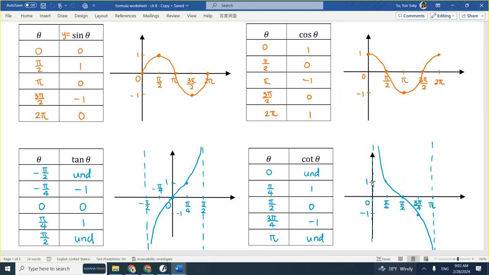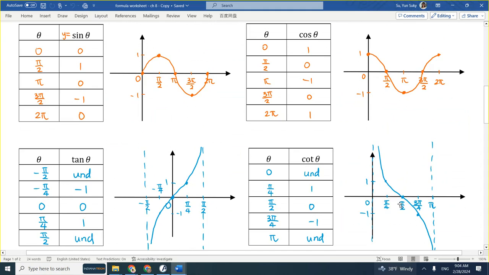The cotangent looks like this, from 0 to pi, so the period is also pi, and we also have 5 key points. You divide the interval 0 to pi into 5 subintervals, so the theta values are 0, pi over 4, pi over 2, 3 pi over 4, and pi. Then we get the y values after you draw the graph.